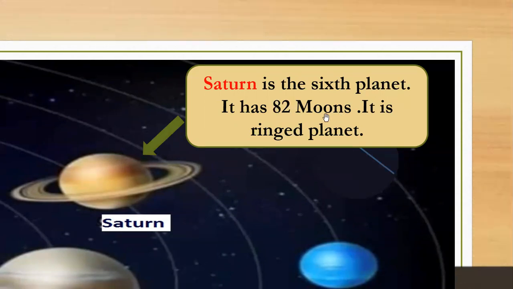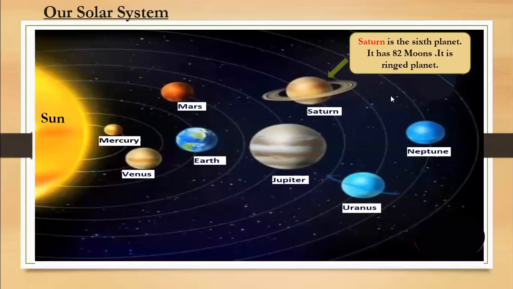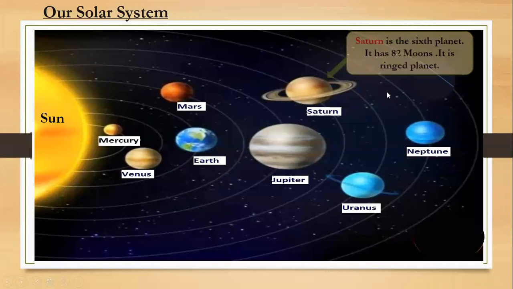It is a ringed planet. Ring means a ring of gases. So we call it the ringed planet. This is about Saturn.